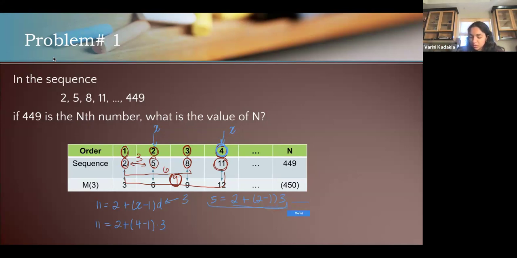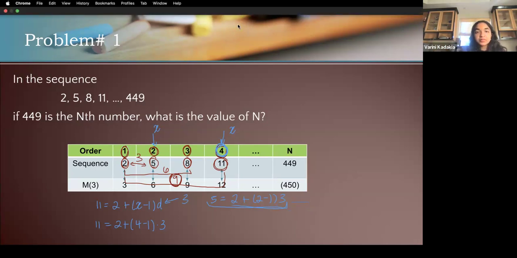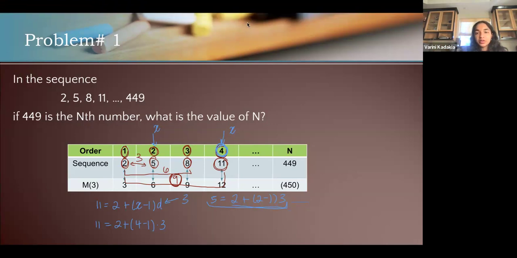I'm confused. Okay, so you take the first term, which is 2, right? Everyone understand that? 2 plus 3 gives you 5.